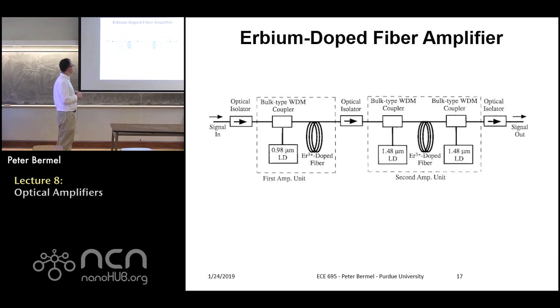And then this is also showing that you can sometimes have a very similar type of system, but then couple in two 1.48 micron laser diodes into the system, in tandem with each other in a single unit. I think the idea here is just to maximize the gain compared to the other system I showed you, where there was just one of each type of diode.